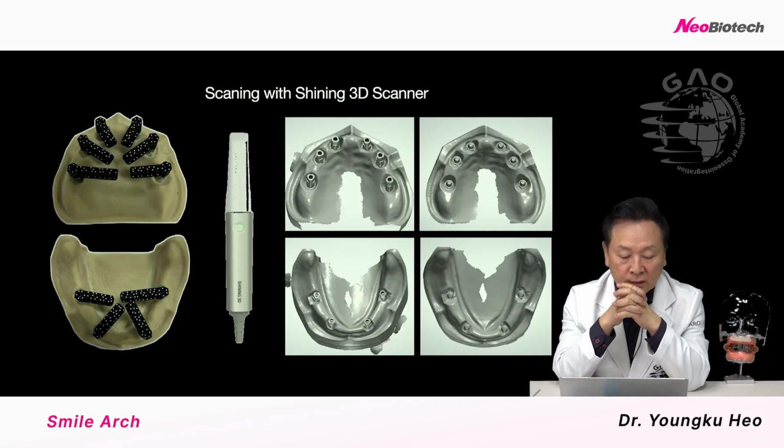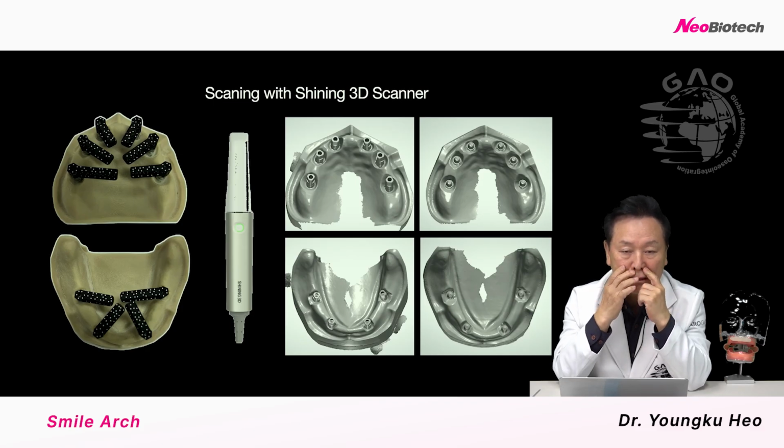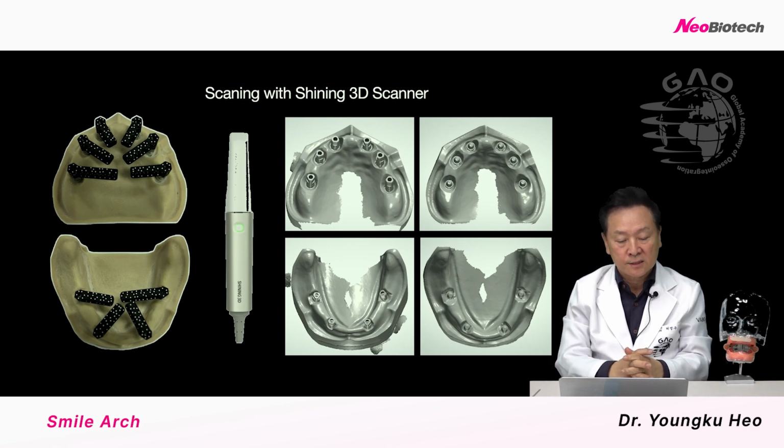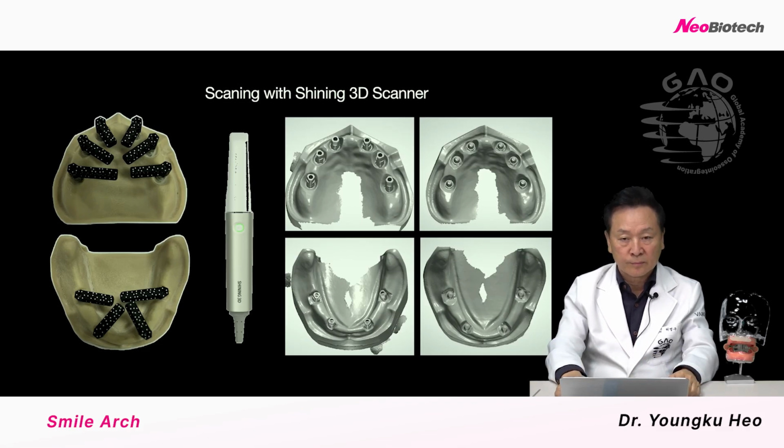So as you know, there is another way to scan all these full arches with this Shining 3D scanner, which is indicated as one of the best intraoral scanners in the world, which is very accurate. So I want to make a very accurate scan body, comparing to the Shining 3D scanner.